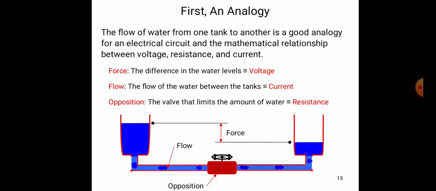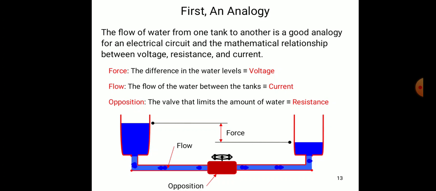What is the relationship between voltage, resistance and current? The force is nothing but the difference between the water levels, that is nothing but a voltage. The flow of the water between the tanks is nothing but the current. Opposition, the valve that limits the amount of water, is nothing but a resistance.